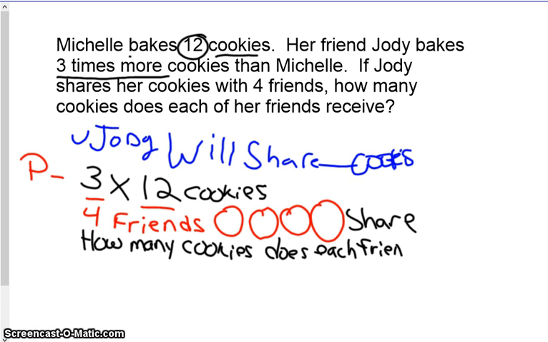Did we cover everything in here? We know that Michelle has 12 cookies. We know that Jody has 3 times more cookies. We know that Jody's sharing. This is where Jody shares. This is Jody right here. She's sharing with 4 friends, right? And then how many cookies does each friend receive?